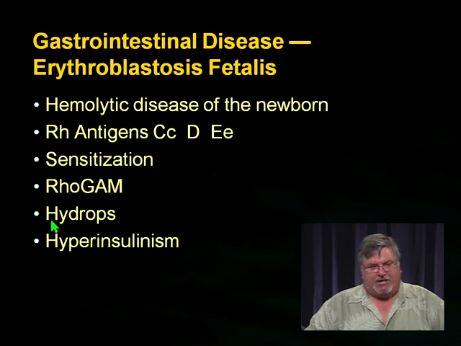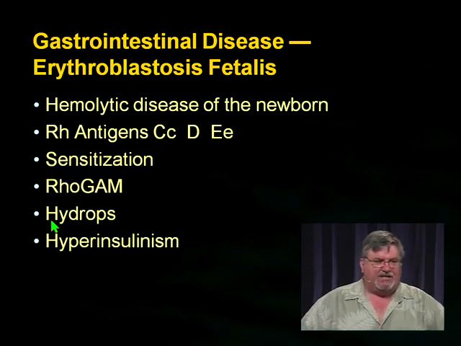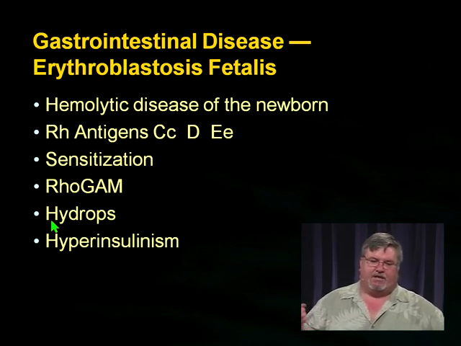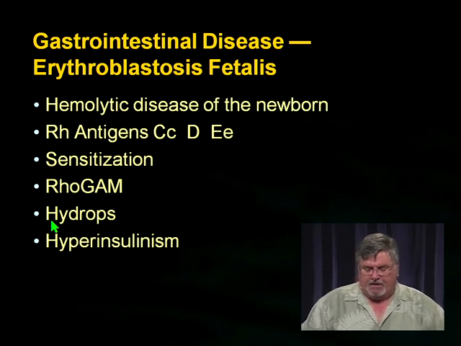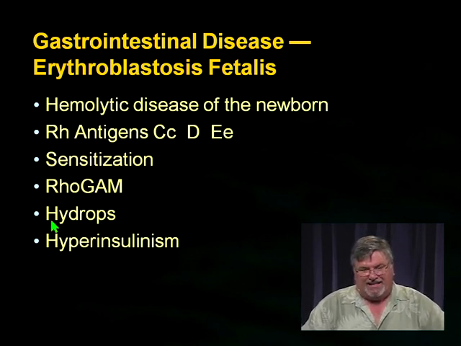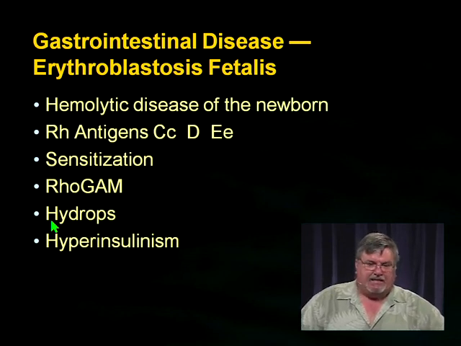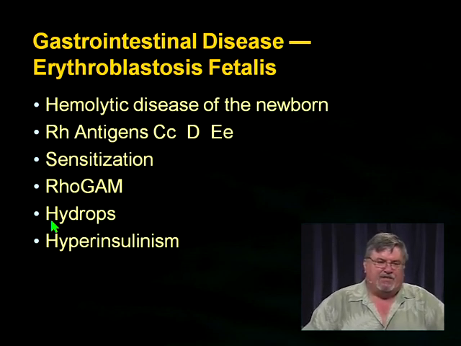The way that it generally progresses is that it gets worse with subsequent pregnancies because essentially she's being re-immunized against the antigen. It can lead to hydrops. It's associated with infant hyperinsulinism. So in many ways, these erythroblastotic babies act like infants of diabetic mothers. And it can be prevented with RhoGAM, which is purified antibody against the Rh antigens that's given to the mother.